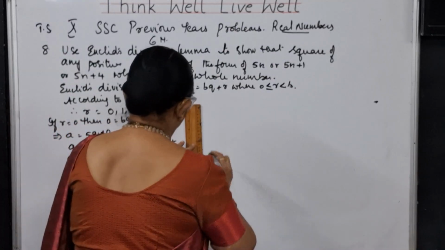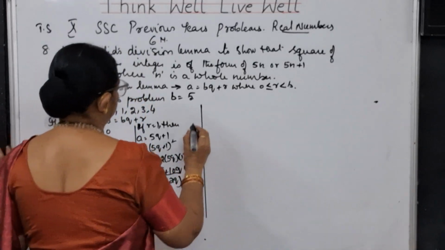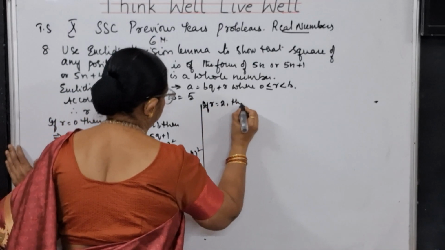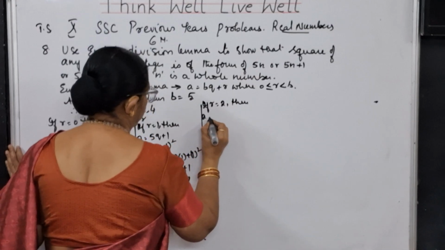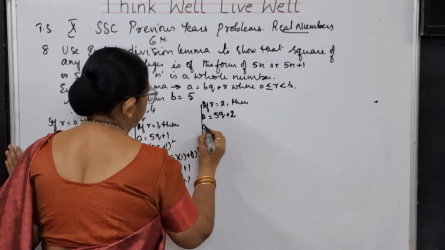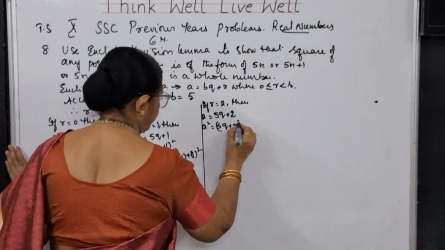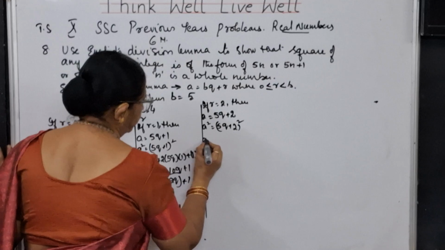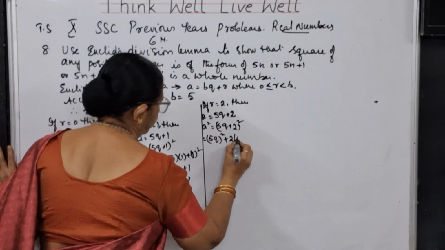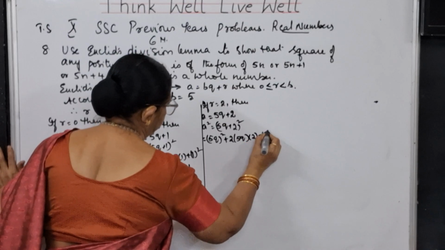Now, we will see if R is equal to 2. If R is equal to 2, then A is equal to 5Q plus 2. A square is equal to 5Q plus 2 whole square. That is A plus B whole square: A square plus 2 into A into B plus B square.